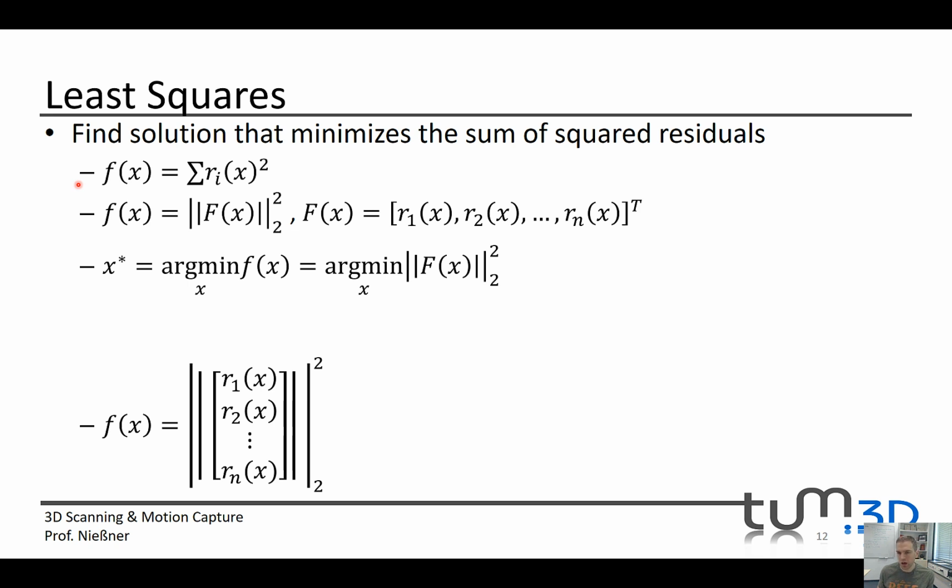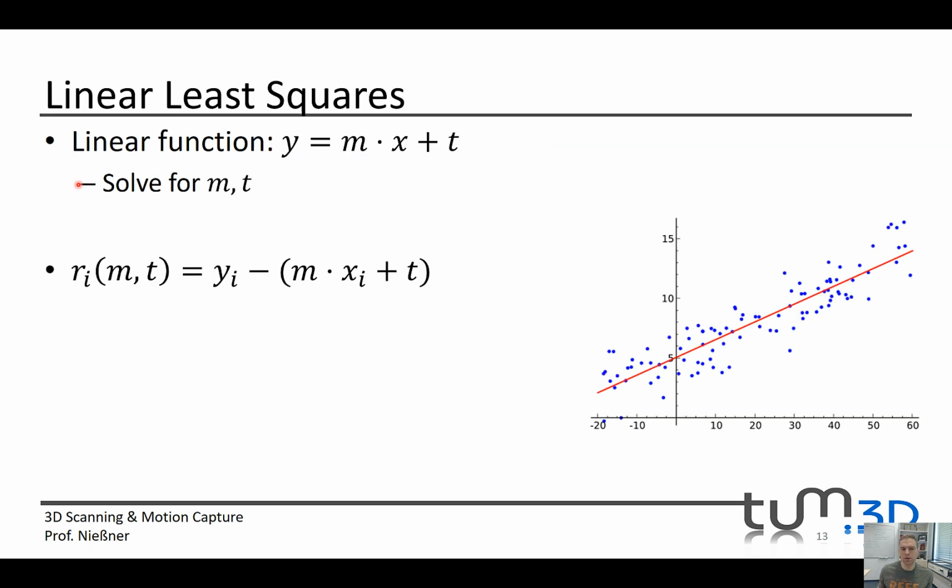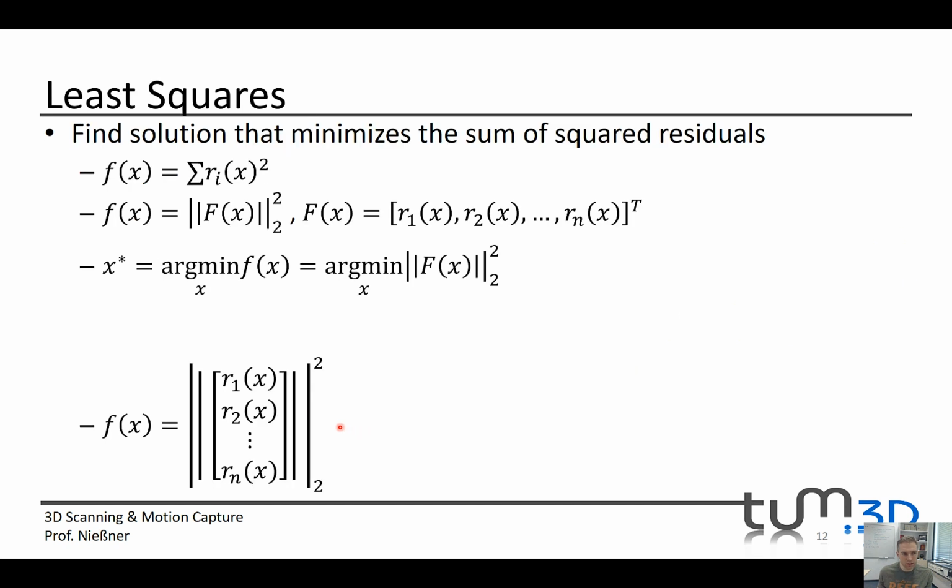Now I want to start with a very simple example of least squares and how you would solve them. In fact, many of these things you probably should already know, even in high school, I think people do this. The simplest thing you could imagine is a least squares problem that is linear. In this linear least squares problem, each of these R terms is just a linear function and has no nonlinearity in it.